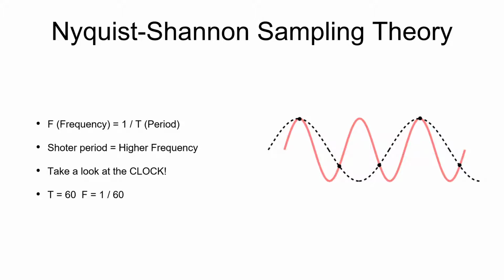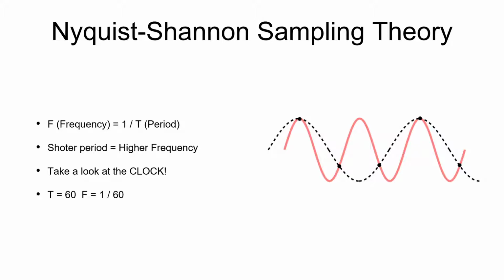Okay, I'm going to use a clock as an example to illustrate how we get the Nyquist-Shannon sampling theorem. The clock has T equals 60 minutes, which means that the hour hand goes one round every 60 minutes, and the frequency equals 1 divided by 60. I'm sorry.